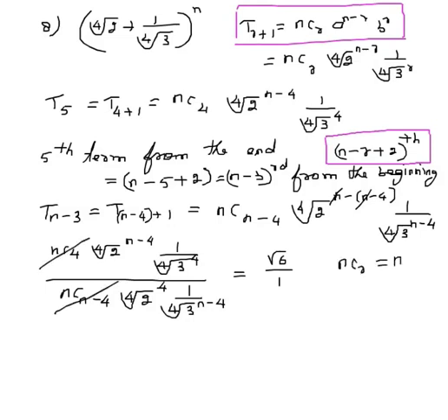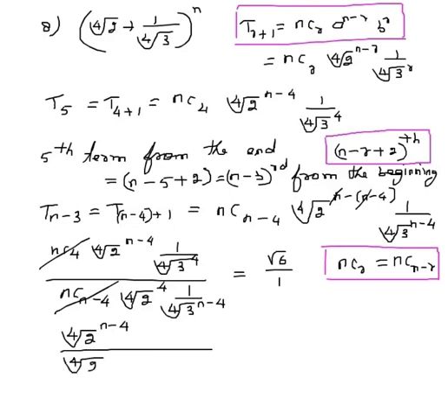We know that nCr is equal to nC n minus r. This is fourth root of 2 power n minus 4 divided by fourth root of 2 power 4. And if you write the reciprocal of the denominator, in the numerator we will have fourth root of 3 whole raised to n minus 4 divided by fourth root of 3 raised to 4, which is root 6.